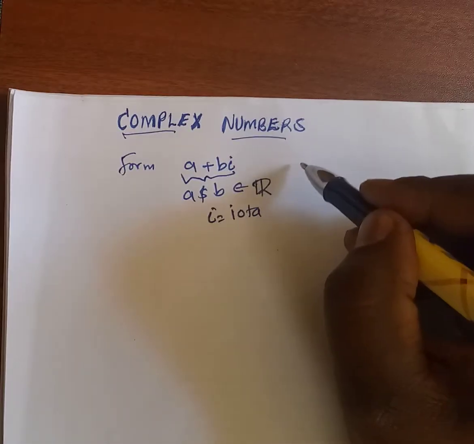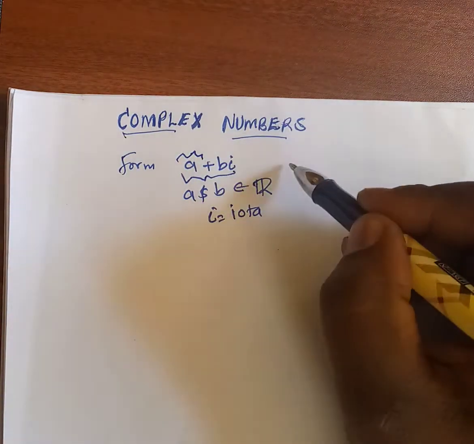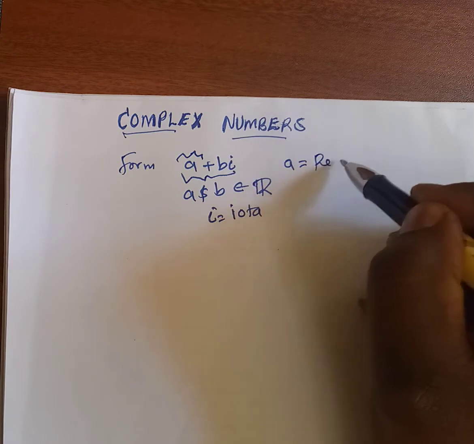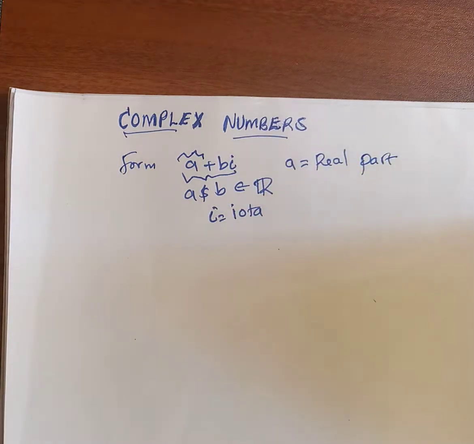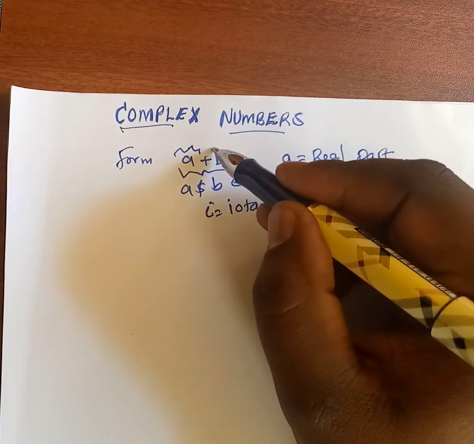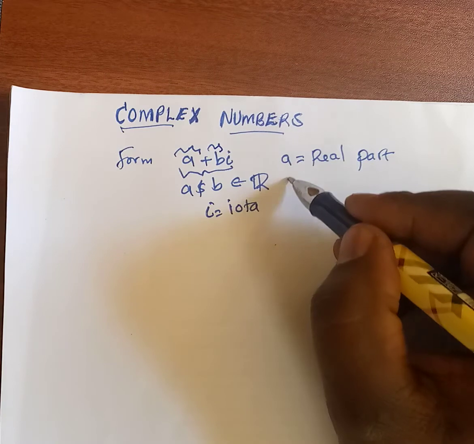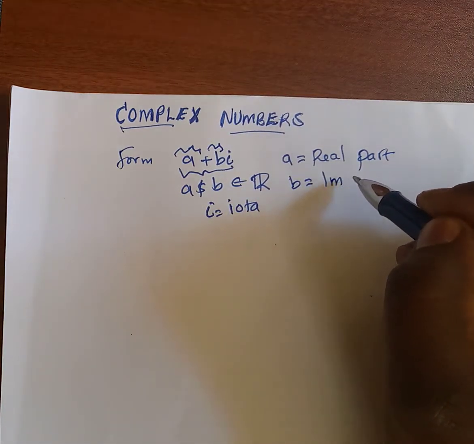We have the first part, which is this A, which we call the real part. And then we have this part B, that is what we call the imaginary part.